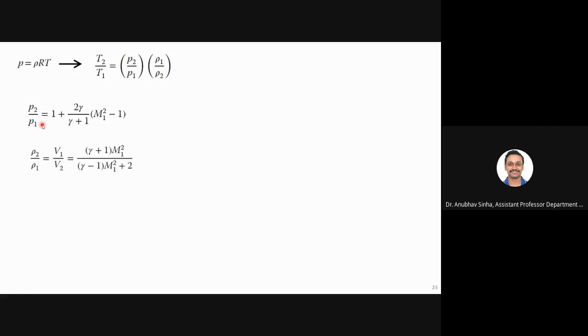And this is what we have from the velocity ratio, last to last slide. So what we are doing here is, we need to find temperature ratio. We express that in terms of pressure and density ratios. And from previous results, we know the equation for pressure ratio and density ratio. So if I combine these two, I will get temperature ratio.